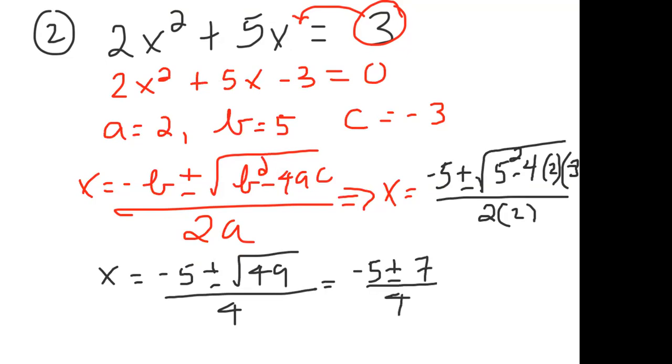So now, guys, essentially you have two answers here. This is the compound solution. So one of them will be -5 plus 7 divided by 4, which is basically going to give you -1/2. So there you are, Melanie. And then the second one is going to be -5 minus 7 over 4, which gives you -12 over 4.